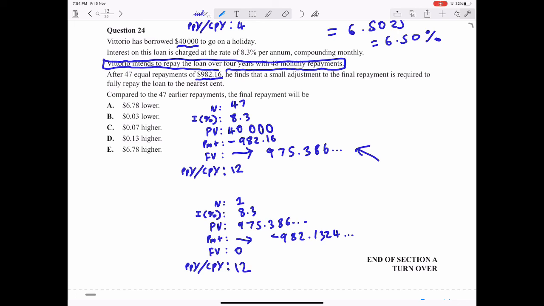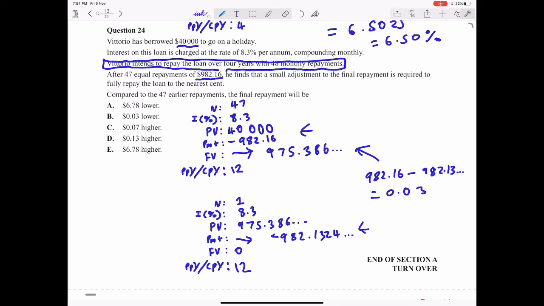So now we can calculate the difference between the 47 previous repayments and the last repayment he has to make. So we know that over here, this was how much he was paying each month, and this is the final repayment. So therefore the difference would be 982.16 minus 982.13. Do that on your calculator, you will get 0.03.